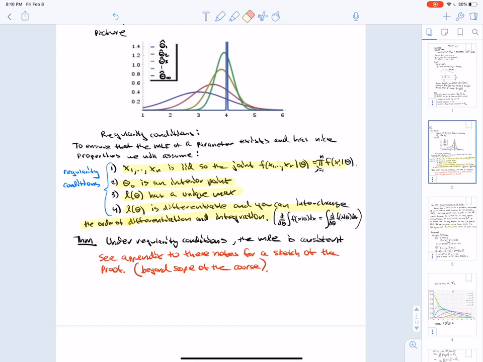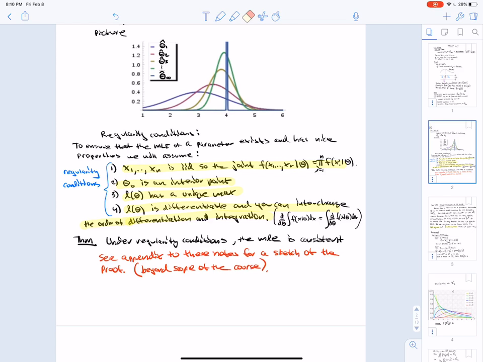The regularity conditions are that x1 to xn is IID, so that the joint factorizes; that the true parameter theta is an interior point, so that you can take a limit, which you have in the definition of the derivative; that the log likelihood has a unique max and is differentiable, obviously, since you're going to take the derivative and set it equal to 0; and that you can interchange the order of differentiation and integration.